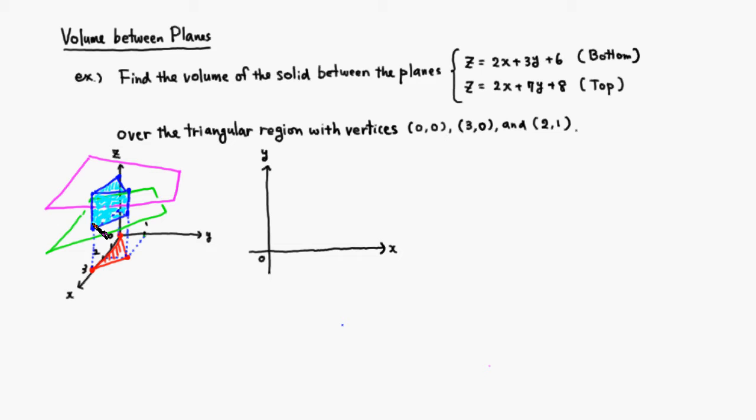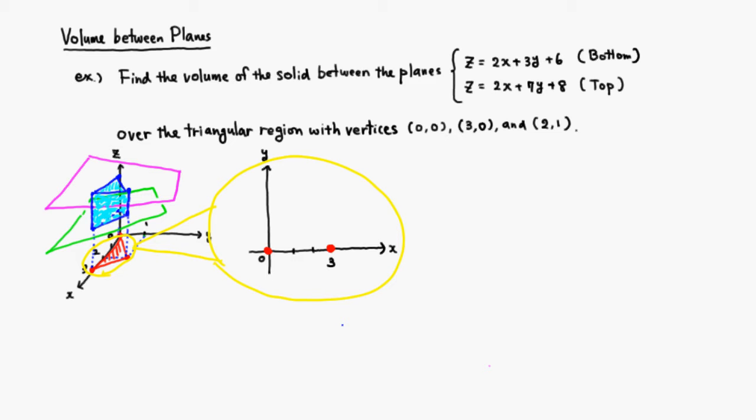So we want to set up the integral for the volume. First I'm going to look at the triangular region on the xy plane, so I'm going to blow this up and draw it right here. (0, 0) is right here, and (3, 0) is 1, 2, 3, so it's right there.